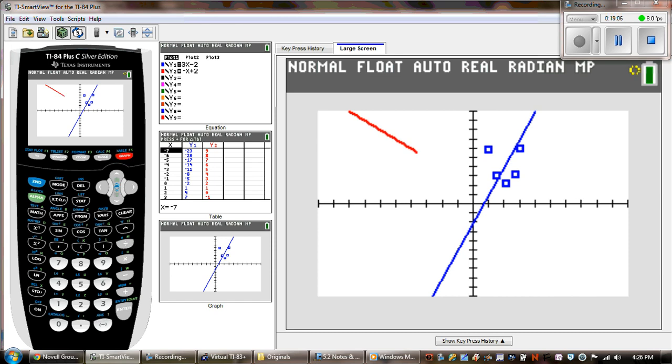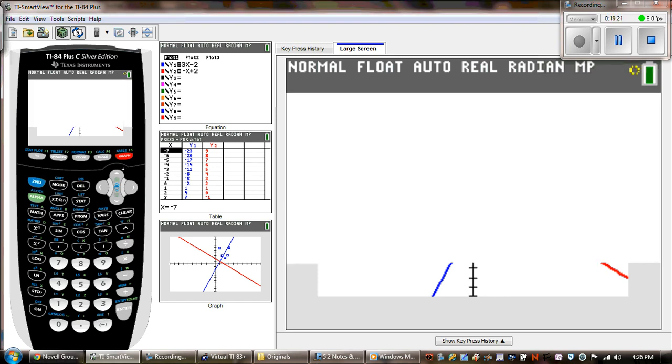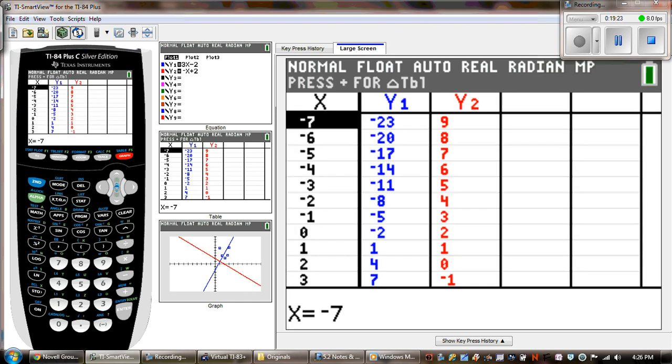I don't know why those other points are randomly on my graph, but ignore those. But we can see that the lines intersect at 1, 1, just like we said. Okay, and if you wanted to double check, you can go to your table, and then you can see at 1, 1, that they're all the same.